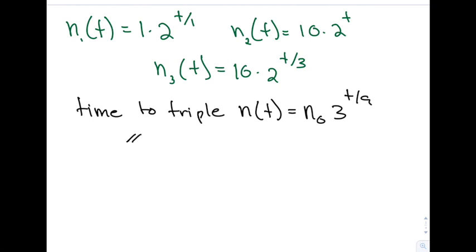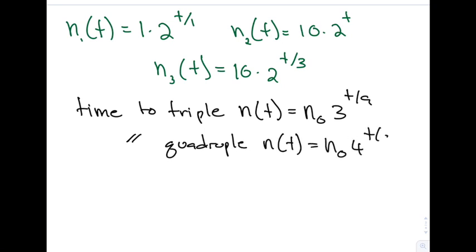Or time to quadruple, we would write n of t equals n naught times 4 to the t over a. So you get the idea that we can really use any base that's intuitive for modeling a particular population or a particular situation.